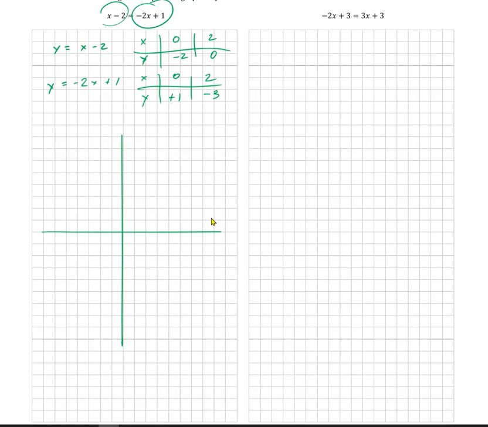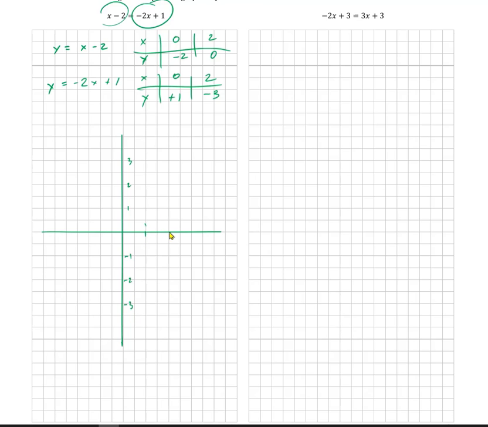Alright, so let's draw the first one. I've got 0 comma minus 2. Now I'm just going to make this scale a little bit bigger because I've actually got the room, so I'm going to do 1, 2, 3, minus 1, minus 2, minus 3.